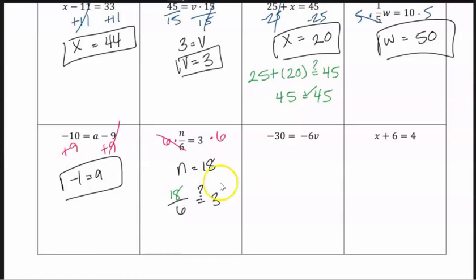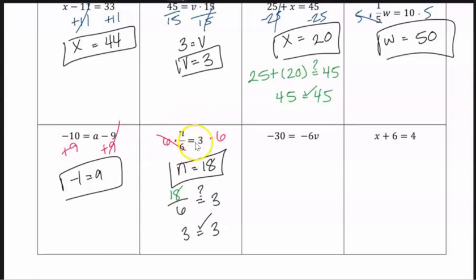Well, 18, remember this means divide. 18 divided by 6 is 3. Since both sides of the equal sign are equal, or this gives me a true statement, then yes, n equals 18. So once again, if you ever want to check your answers, just plug whatever you solved for back into the original equation.